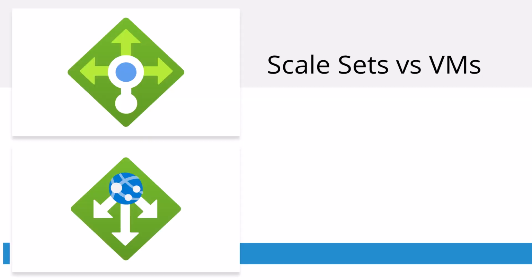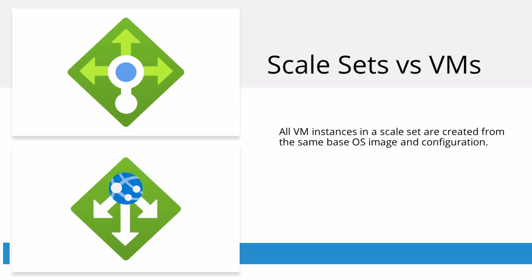So how do VM scale sets differ from standalone virtual machines? Well, there's a few key differences. First of all, VM instances in a scale set are created from the same base OS image and configuration. This ensures a consistent environment.